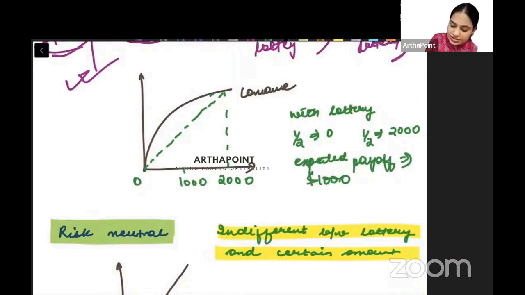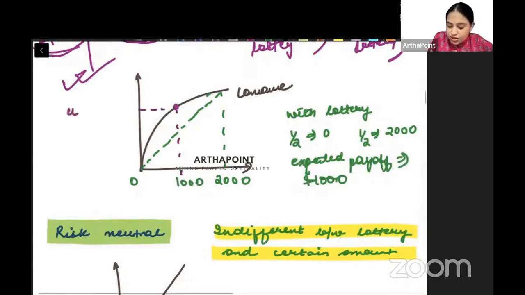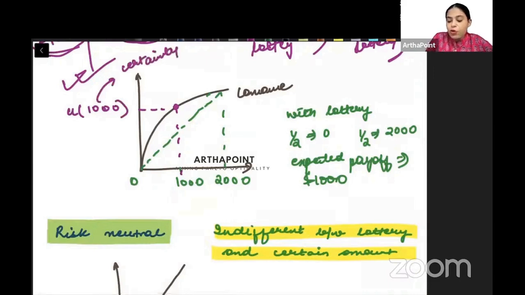Right? This point is telling me the utility with certain 1000. अगर 1000 rupees मुझे certainly मिल रहे हैं. The point on the utility curve tells you the amount that you get with certainty, हमेशा. So if I am on the curve, it is telling me that I am getting this 1000 rupees with certainty, right?